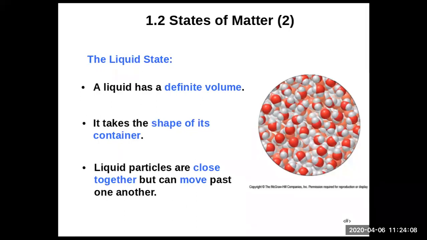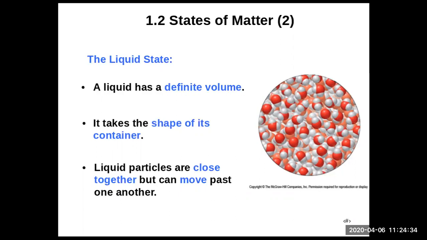And so at the molecular level, liquid particles are close together, just like in solids, but they can move past one another. And so their arrangement is random. There is no lattice or pattern in a liquid. The particles are packed together. They're very close together, as you can see in this model.